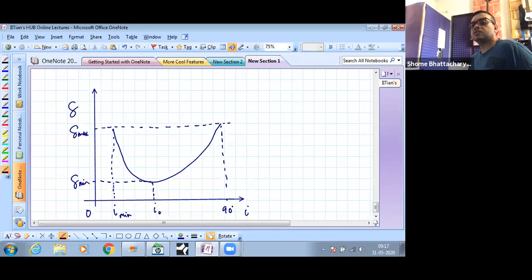So the condition for delta minimum is that e is equal to i, equal to i naught, and r1 equal to r2 equal to A by 2.